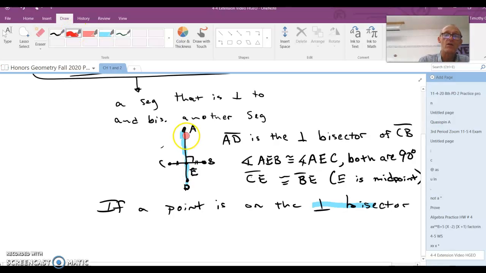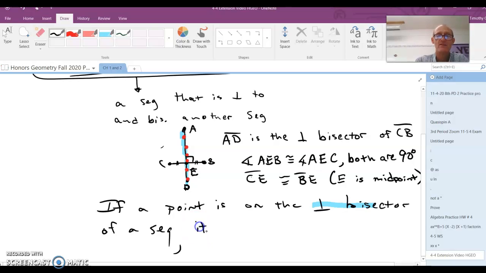So if any point along that, if a point is on the perpendicular bisector of a segment, then it is equidistant from the endpoints of that segment.